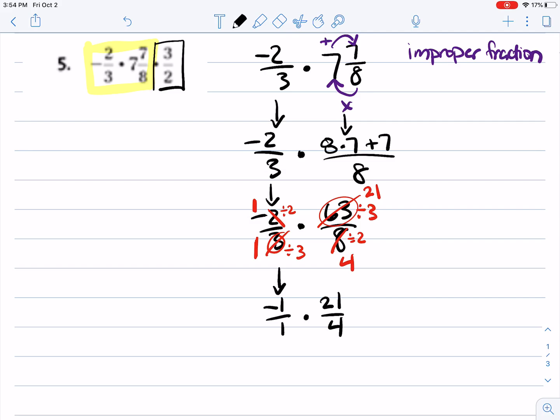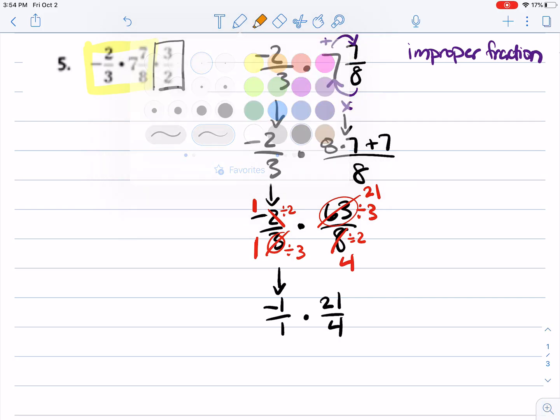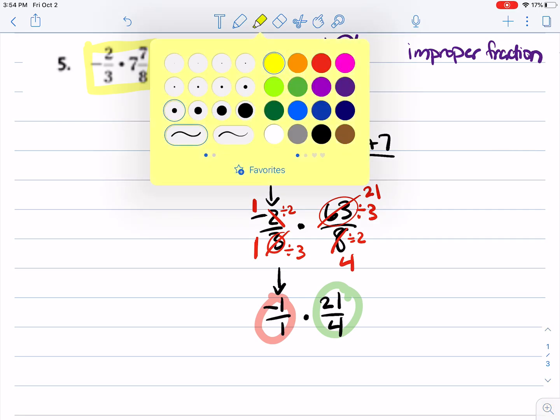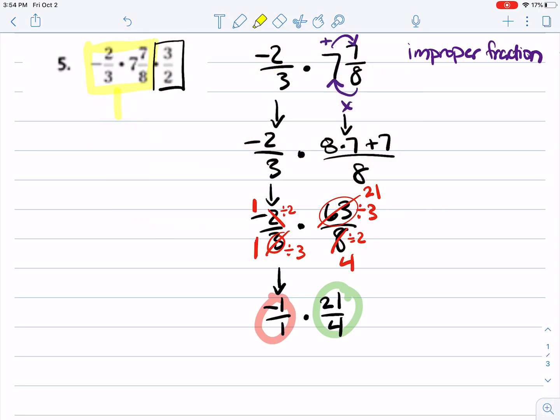One thing that I notice is that I'm multiplying 2 numbers that have different signs because this is negative right here and this is positive. So if they're different signs, the answer is going to be negative. So I'm going to put my answer box over here.